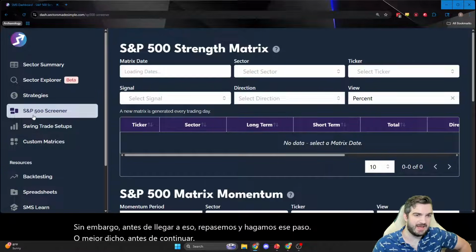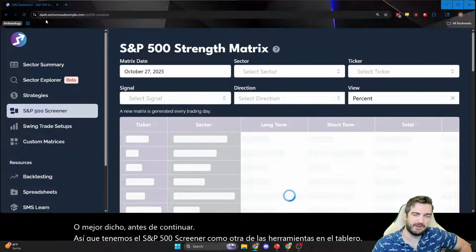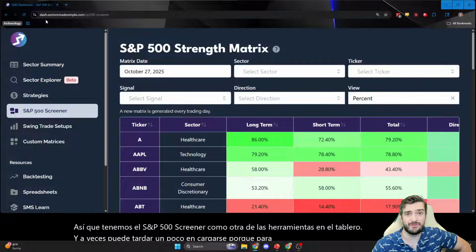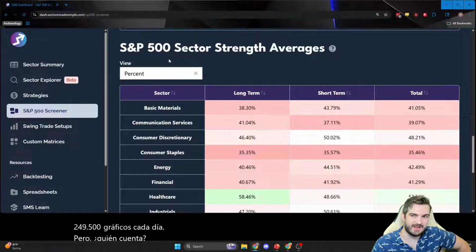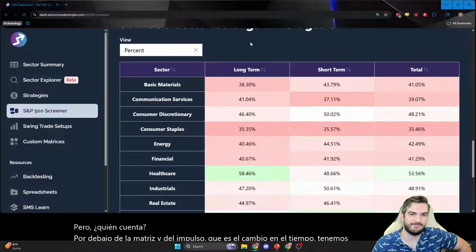So we have the S&P 500 screener as another one of the tools on the dashboard. Sometimes it can take a little bit of time to load because to make this data, we analyze 249,500 charts every day. But who's counting? Below the matrix and the momentum, which is the change over time, we have our sector strength averages.